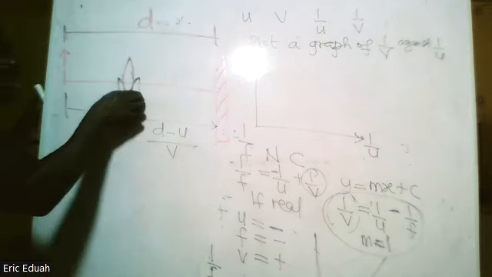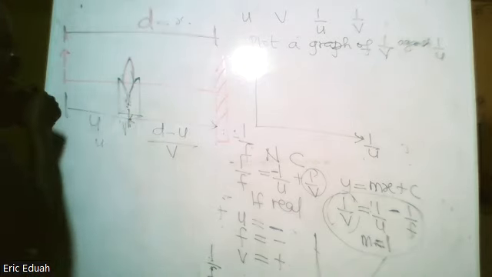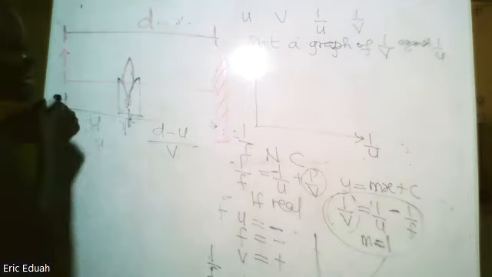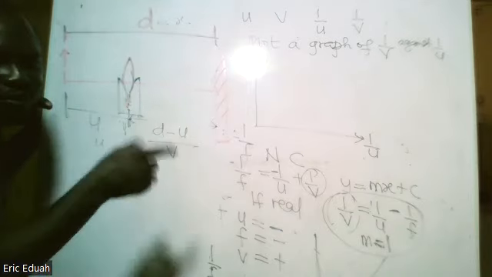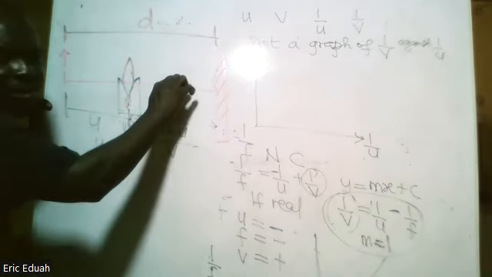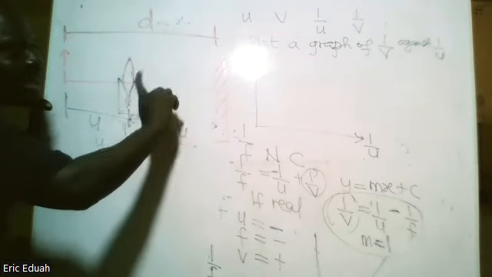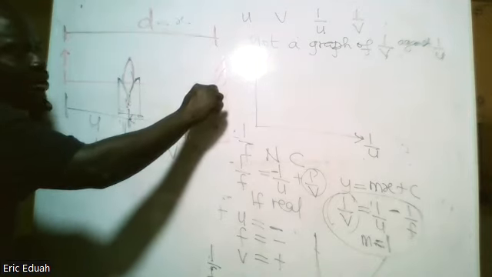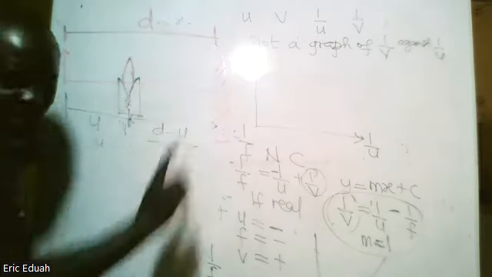Now, if you adjust it again, when it comes closer to the screen, it can possibly give you another position where you can record a very sharp image of the object on the screen.